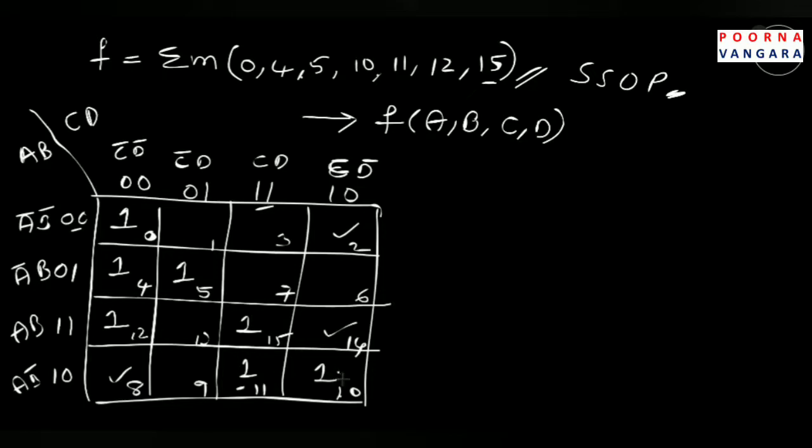If you want to pair cell number 10 with another adjacent cell, the condition is that the other adjacent cell must have a 1. So, the 14th, 2nd and 8th cells are not having any 1. The 11th cell is having 1. So, that means the maximum possibility of grouping is a pair.